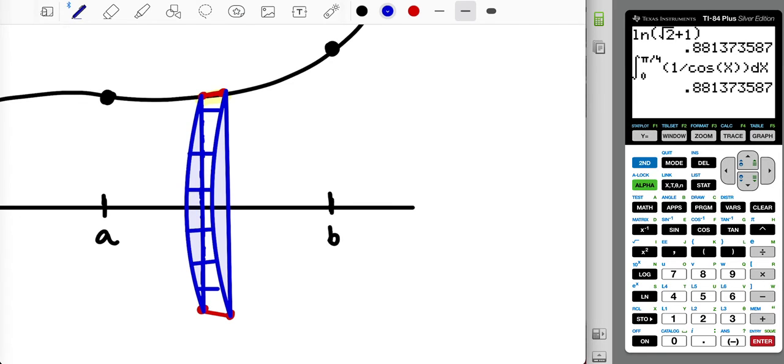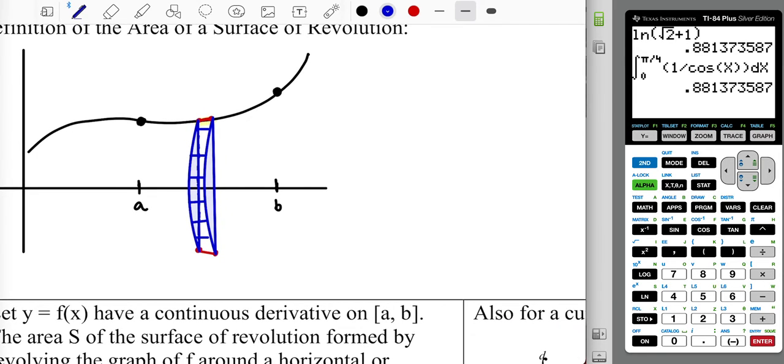Well, something's going to act like a radius of a circle, right? So previously when we talked about volume, we talked about area with thickness.